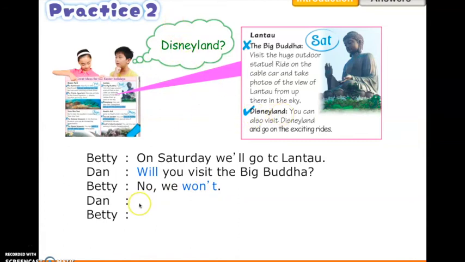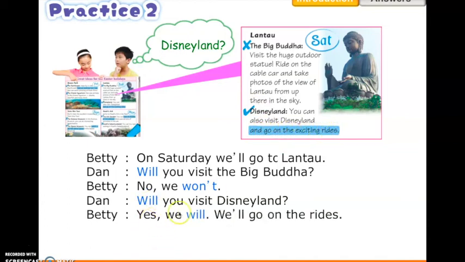Ooh. So how can we ask a question? Will you visit Disneyland? Okay, there's a tick. And she has highlighted go on the exciting rides. First, you need to answer, yes, we will. We'll go on the rides. So you can write down, we will go on the rides.